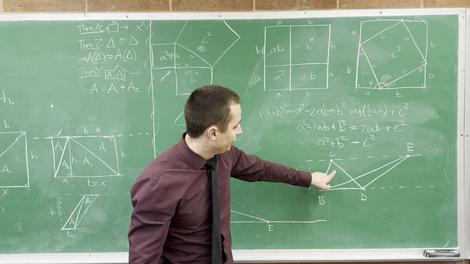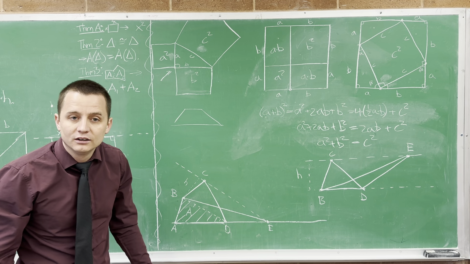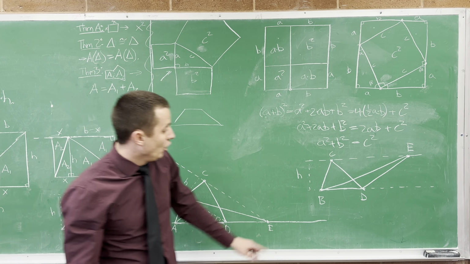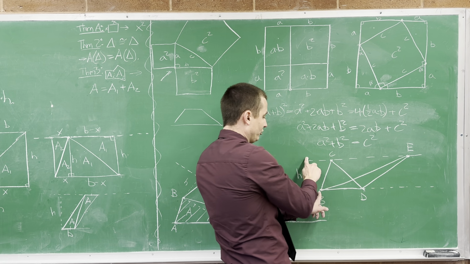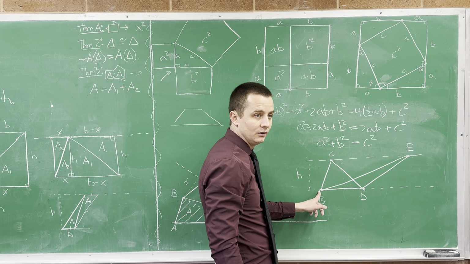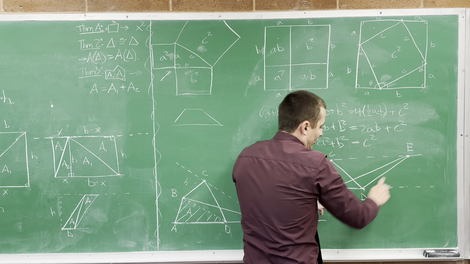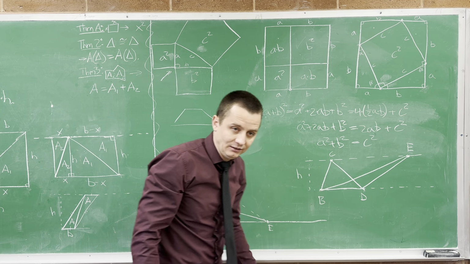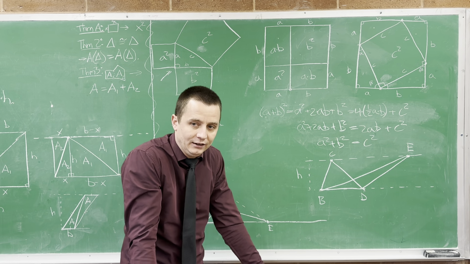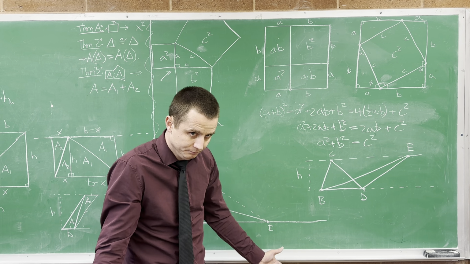Gotcha. The area of this triangle and this triangle are the same. What is the area of triangle BCD? It's its base times the height, times 1/2. And what is the area of this triangle right here? It's 1/2 its base times its height. Since they have the same base and they have the same height, they have the same area.